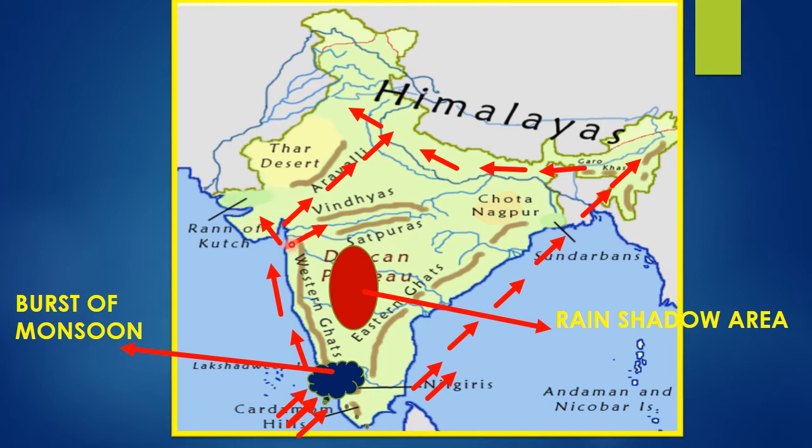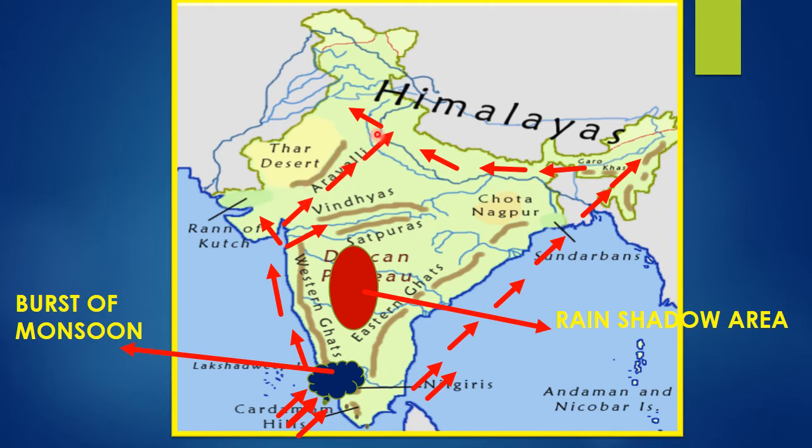When it branches off, it goes directly to Assam, hits the mountains there, the Garo, Khasi, Jaintia hills, and then one of them gets deflected because of the mountain towards the west, and these winds then give more rainfall in Bihar and Uttar Pradesh, but as they move ahead, the rain-bearing winds become less and less.